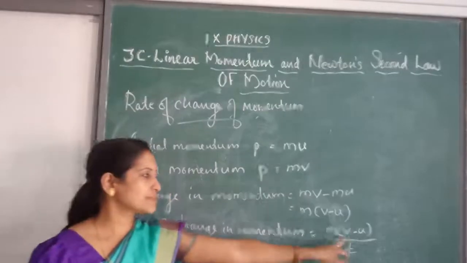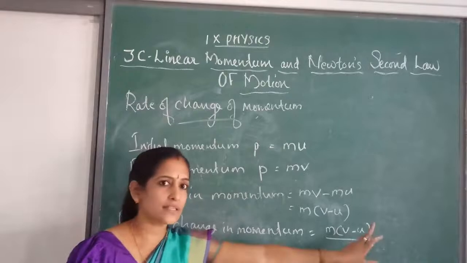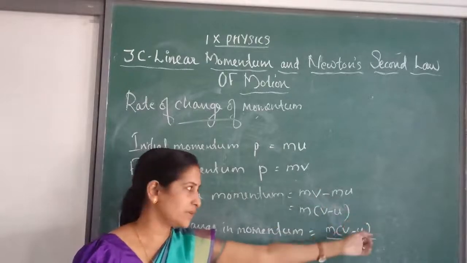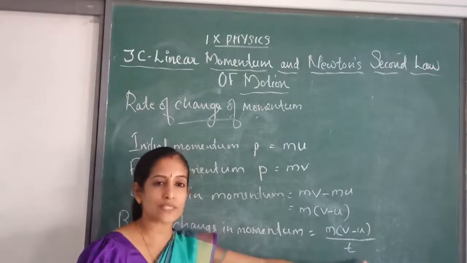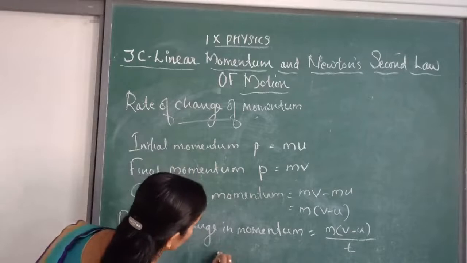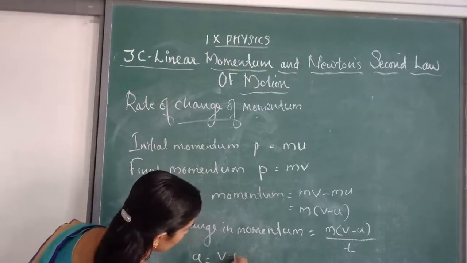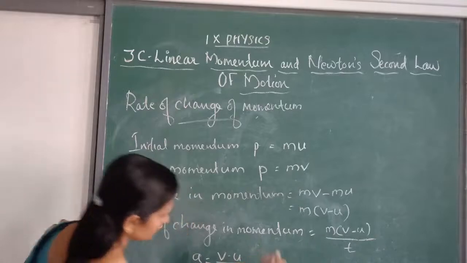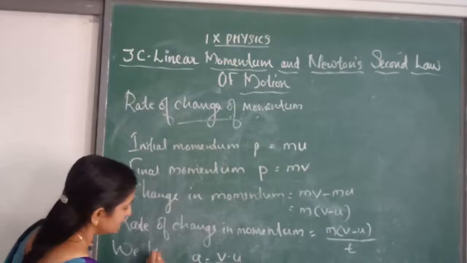And you notice this part, v minus u by t. Are you familiar with this part? Already we discussed v minus u by t, the rate of change of velocity. What is it? We know acceleration is equal to v minus u by t. We already discussed this.